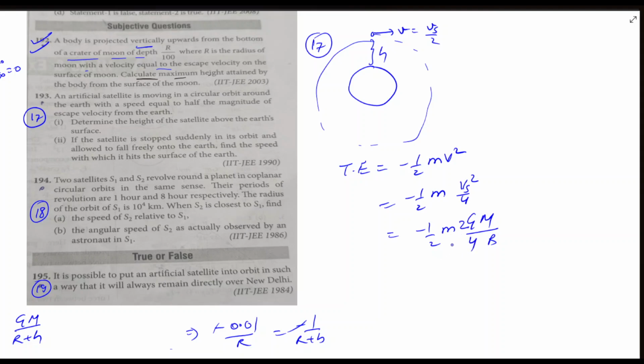right? Perfect. And the total energy at a height h will be what? It will be half of the potential energy, right? So the potential energy will be minus G M capital M, divided by H plus R, and it will be half of this. So minus half will get cancelled.